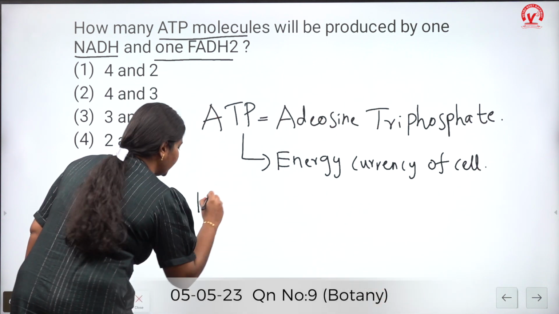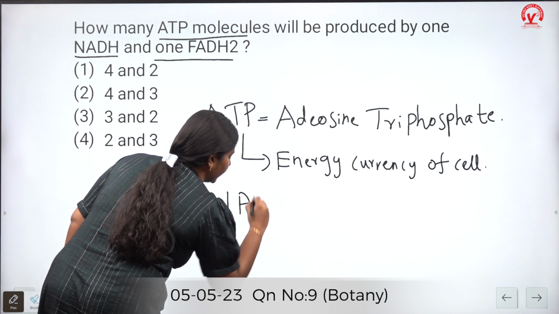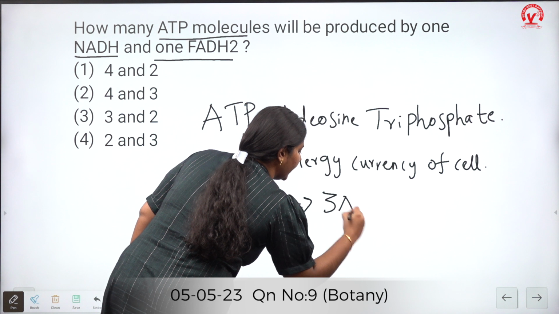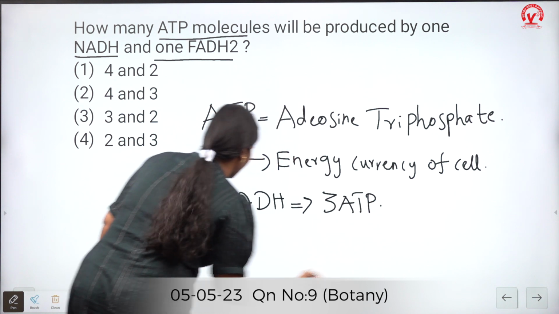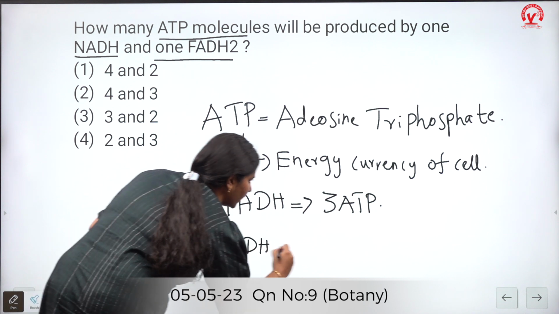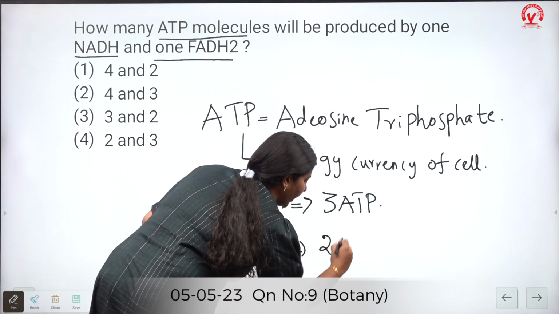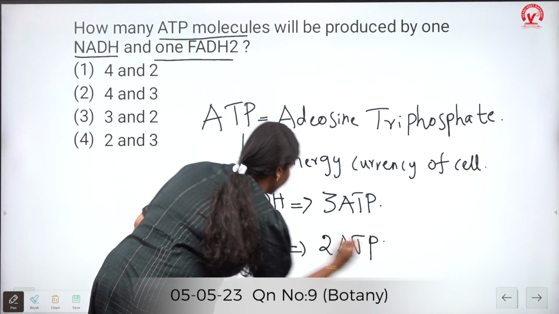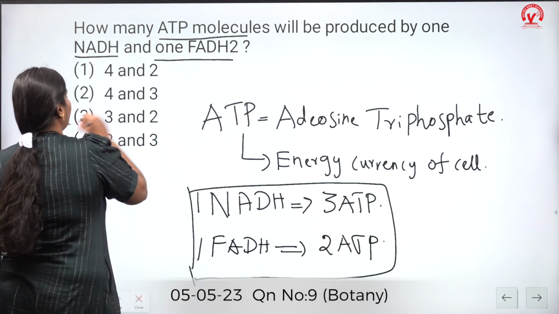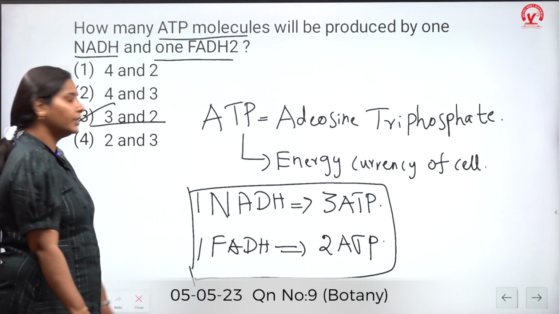So 1 NADH produces 3 ATP molecules and 1 FADH2 produces 2 ATP molecules. So the correct answer for this question is option 3 and 2.